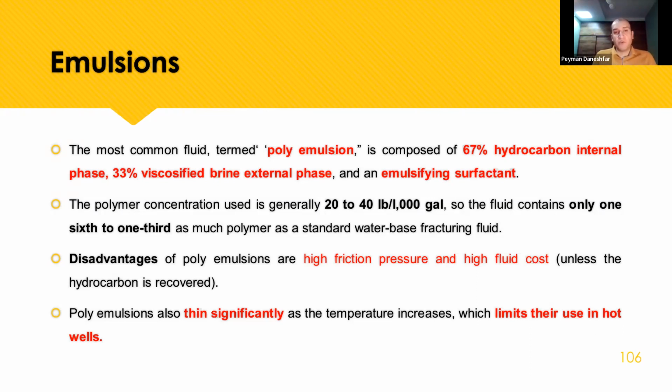The polymer concentration used in general is 20 to 40 pounds per gallon, so the fluid contains only 1/6 to 1/3 as much polymer. Disadvantages are high friction pressure and high fluid cost, and polyemulsion is seen to degrade significantly as the temperature increases, which limits its use in hot wells. So we cannot use emulsion in deep hot reservoirs.